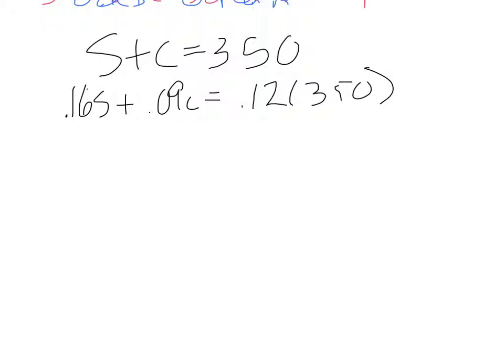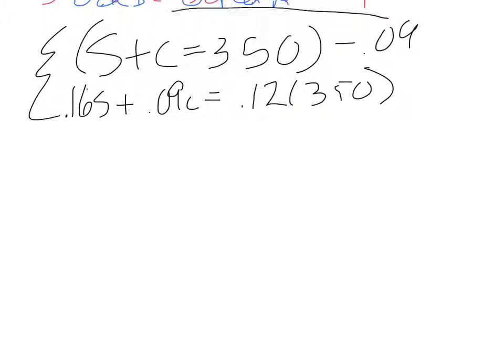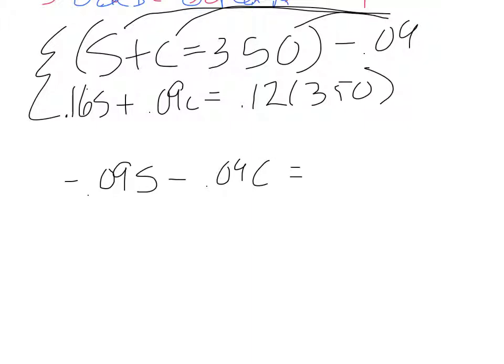So once again, I'm going to rewrite both of these, and I'm going to eliminate the C's because, well, 0.09 is smaller than 0.16, so it's easier to multiply. So negative 0.09 times S gives us negative 0.09 S. Distribution here, minus 0.09 C. Distribution here, 350 times negative 0.09 is going to give us negative 31.5.